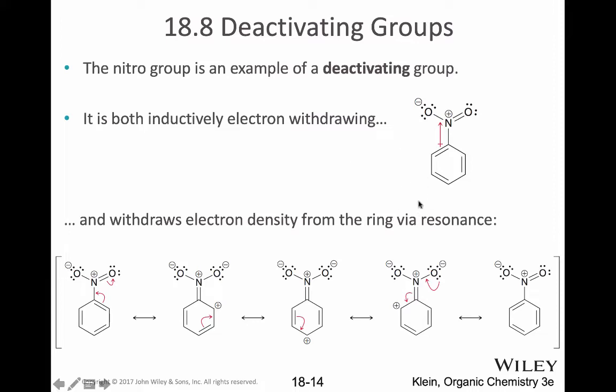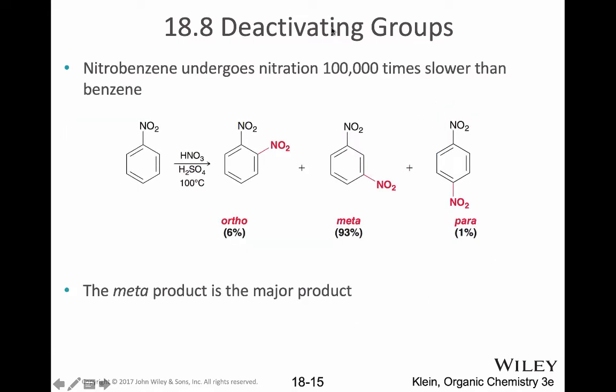So when I have a group that removes electrons from the ring, we call that a deactivating group. And what we find with this deactivating group is that the regioselectivity is changed quite a lot. The nitration of nitrobenzene is 100,000 times slower than benzene. So it's slower.